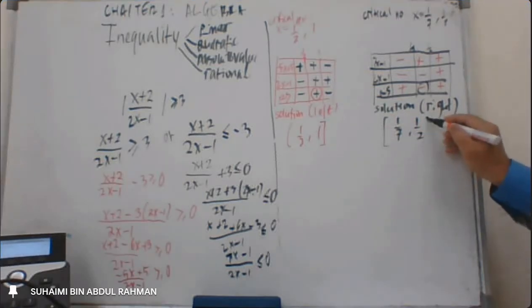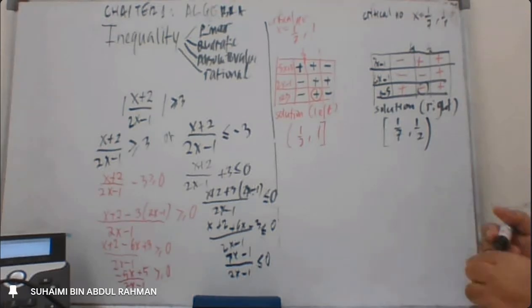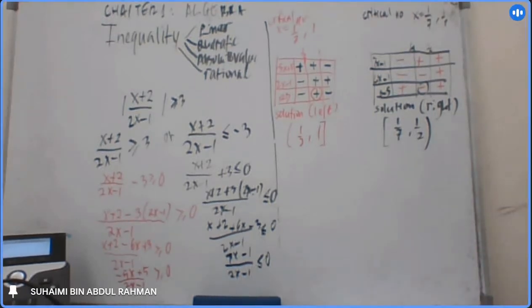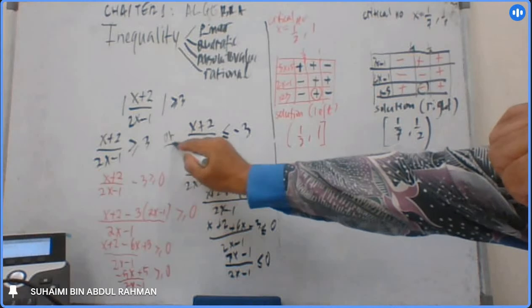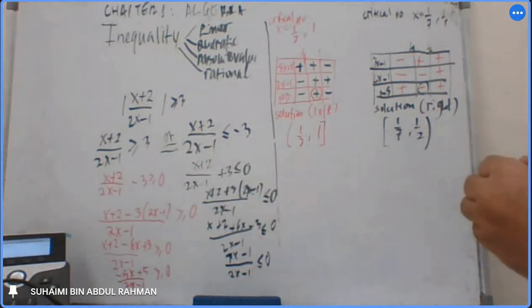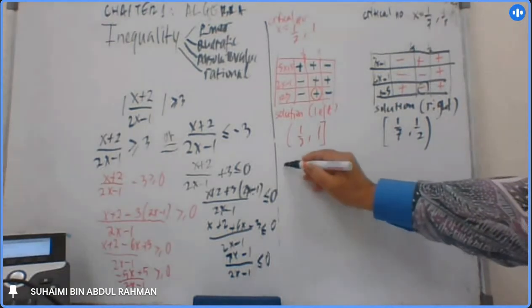No. Now we have solutions on left and solutions on right. Since it is "or", the final solution must be the union of these solutions. So, final solutions.